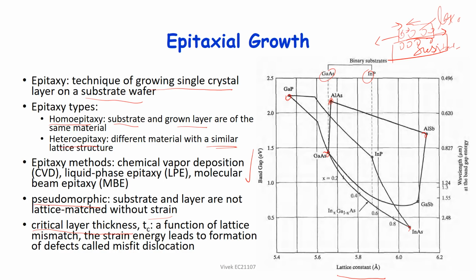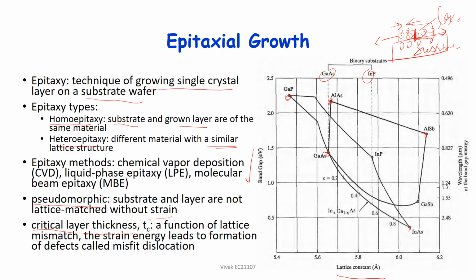So that means if you grow a layer which is thicker than the critical layer thickness, then there will be defects in the layer. And what kind of defects? Misfit dislocation. So that means after a few periods, one atomic row may be missing, right? So that's called strain relaxation. So strain may be relaxed in that fashion.